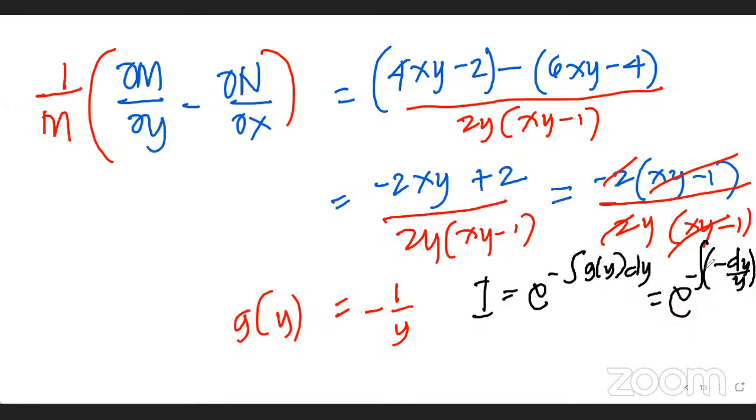So magiging positive ito, ln lang yung kalalabasan. So it will be e raised to ln of y, or basically, our integrating factor is y. Gets? Hello? Do you follow? Kasi kayo yung tatapos nito.